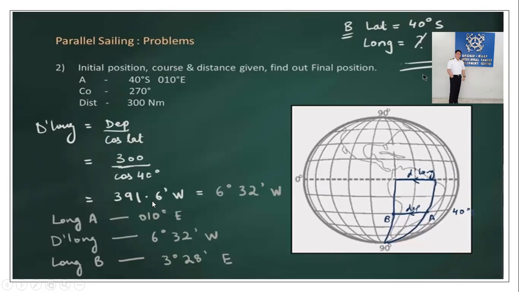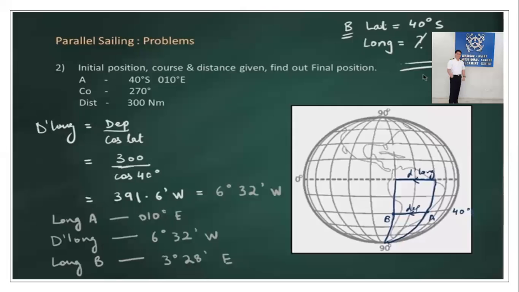Kindly do it on your scientific calculator: 300 divided by cosine 40 degrees. It is 391.62. Then 391.6 divided by 60 is 6.52, right?